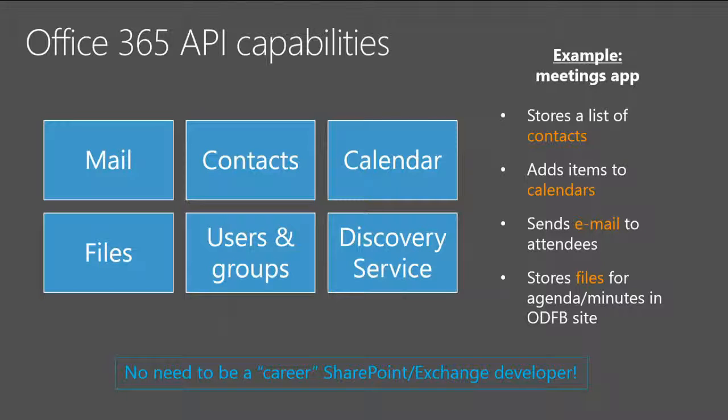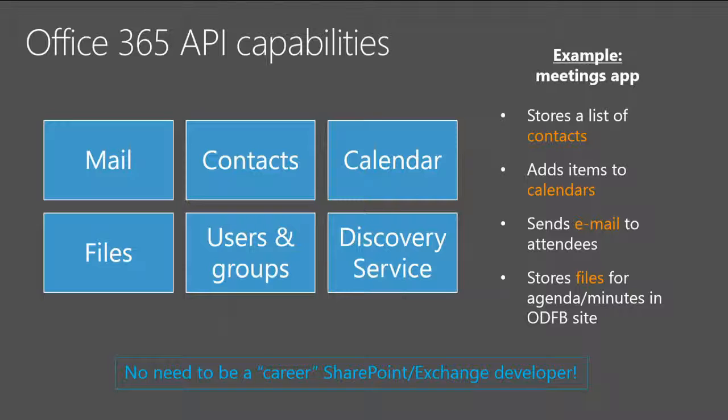Now, the capabilities that come with these APIs are really around core Office 365 data that relates to the user, whether it's their mail, their calendar, their files. Imagine your boss is asking you to build a meetings app or some kind of expense tracking app, and what it does is perhaps store some data in lists or work with contacts or calendar items and events.